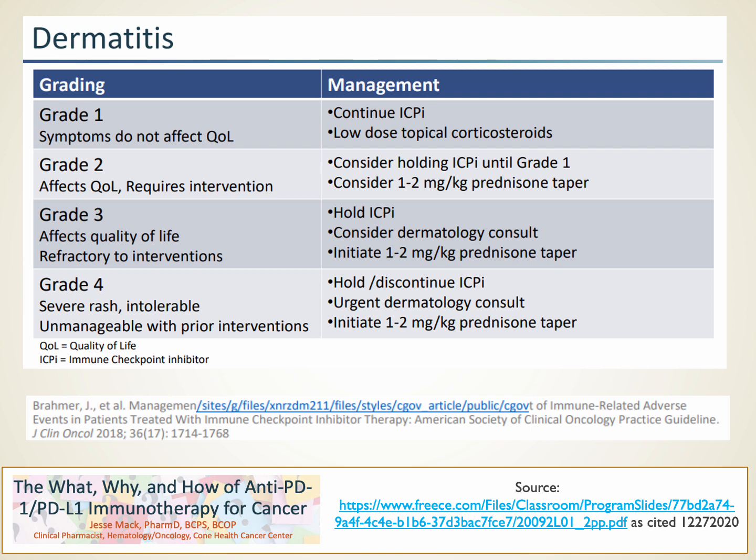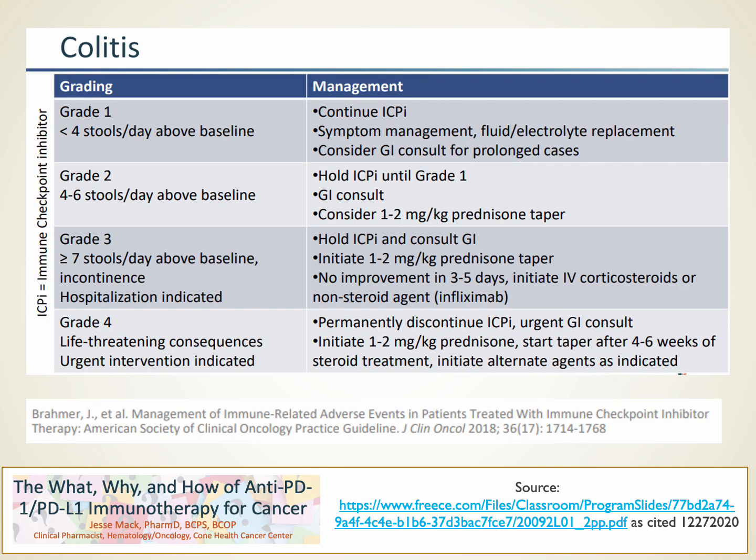So if with a checkpoint inhibitor you have severe dermatitis, where they're graded by levels of severity with the severity of the rash and the intolerability and or consequences, we look at not only whether or not we hold the checkpoint inhibitor, but whether or not you get a derm consult, whether or not you initiate prednisone or something else. Okay? But derm reaction's pretty common with these checkpoint inhibitors.